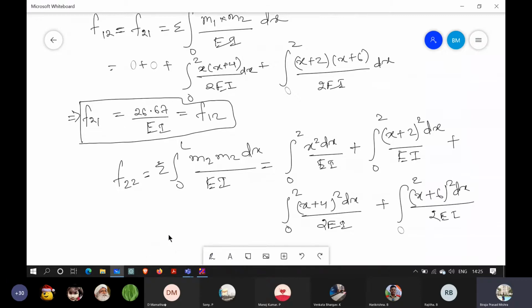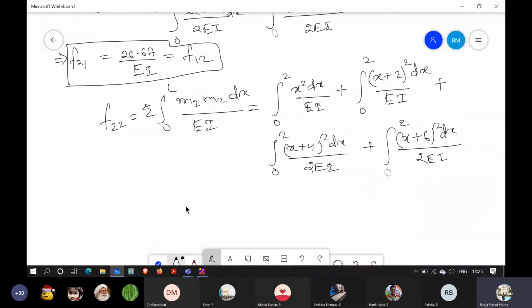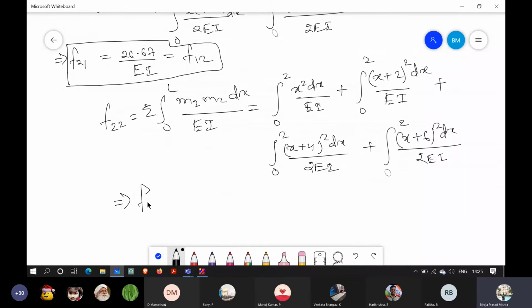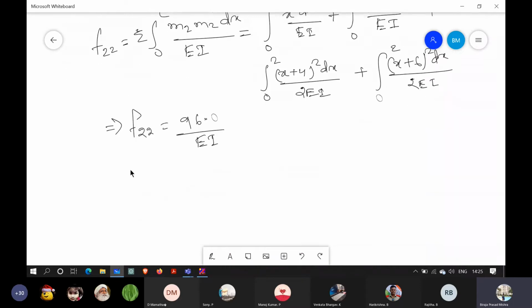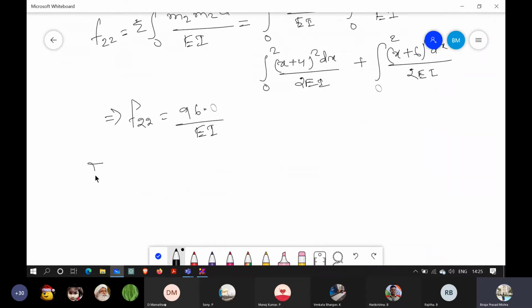If you solve this one, you will get the value, and F22 equals 96.0 by EI.